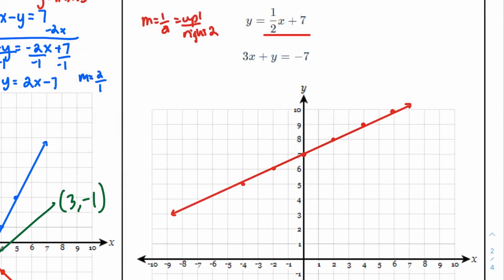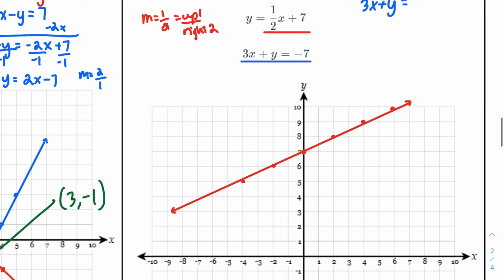Okay, then here. That one is clearly not in y equals mx plus b form, so we've got to rearrange just like we did last time. y is equal to -3x minus 7. That one is good there.